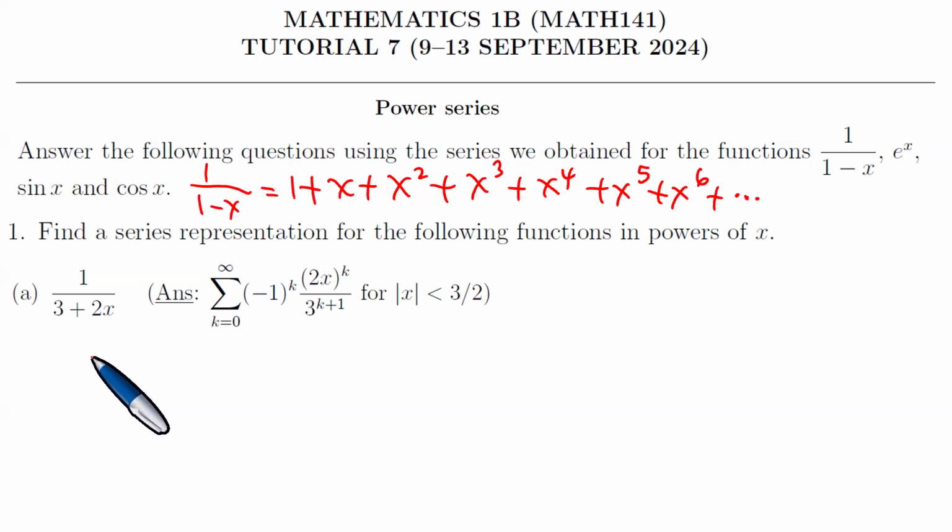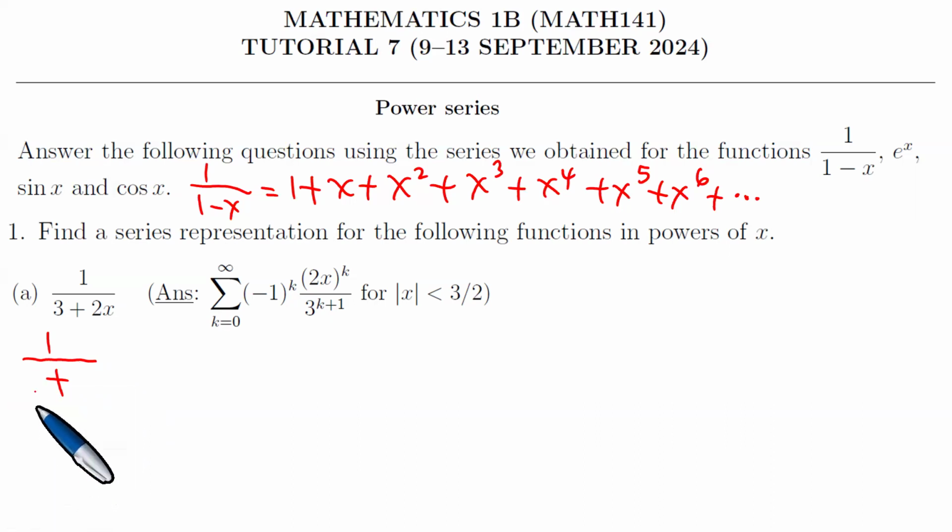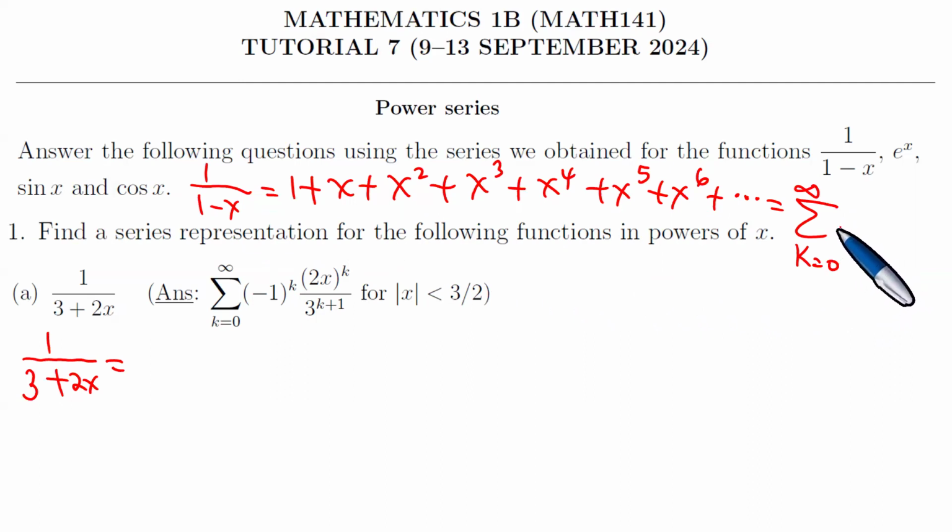Now you have this, which is 3 plus 2x. We're just recapping on this one because this is the formula. 1 over 1 minus x is written in sigma, k equals 0 to infinity, x to the power k.